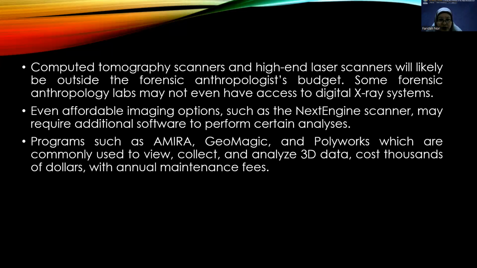Some labs may not even have digital X-ray systems. It is also quite costly to buy additional software for analysis. Programs like Amira and Geomagic can be quite useful, but they cost thousands of dollars.